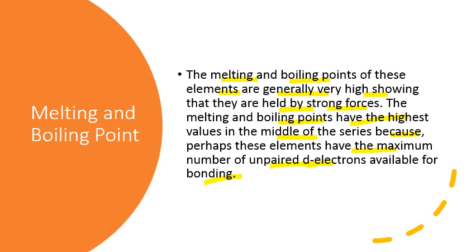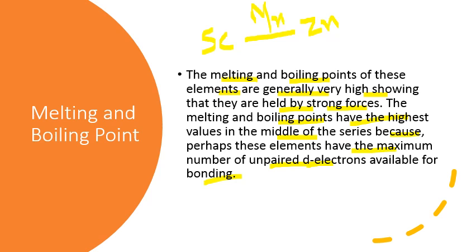Understood? And the maximum oxidation state also is highest in the middle of the series. The first transition series starts from scandium to zinc, and the element in the middle having the highest oxidation state is manganese.